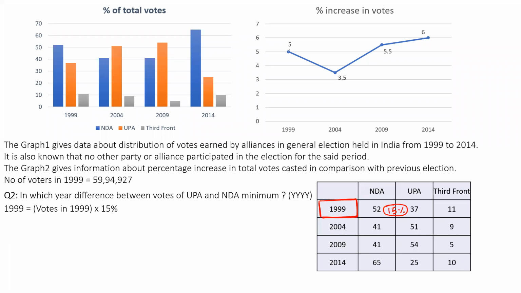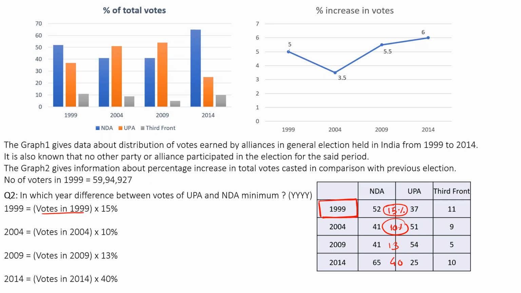Similarly, for 2004, it will be 10% of total votes. For 2009, it will be 13% of total votes, and for 2014, it will be 40% of total votes.